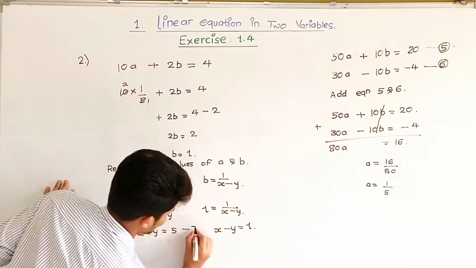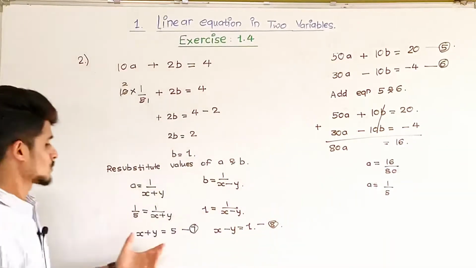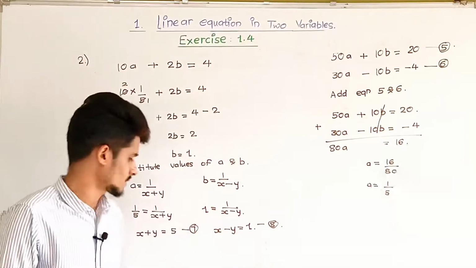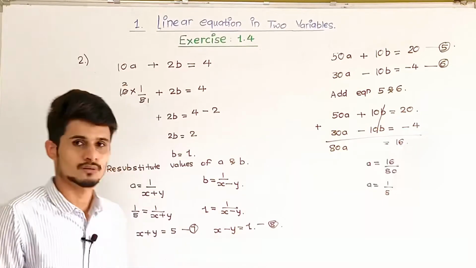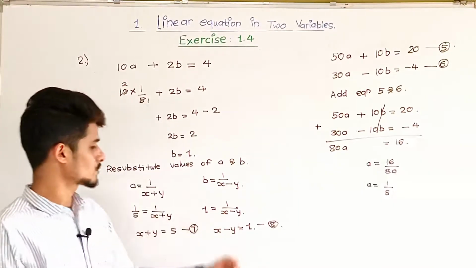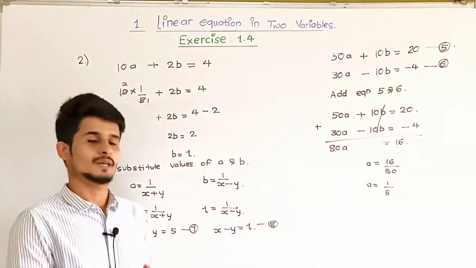We'll denote them as 7 and 8. So now we have two equations, x plus y is equal to 5 and x minus y is equal to 1. We'll solve these two equations by the elimination method and find the values of x and y.